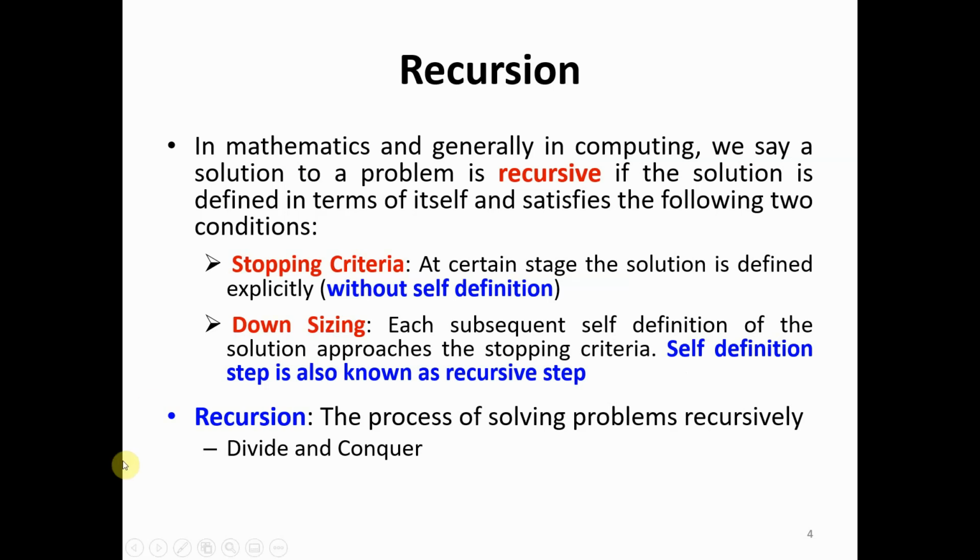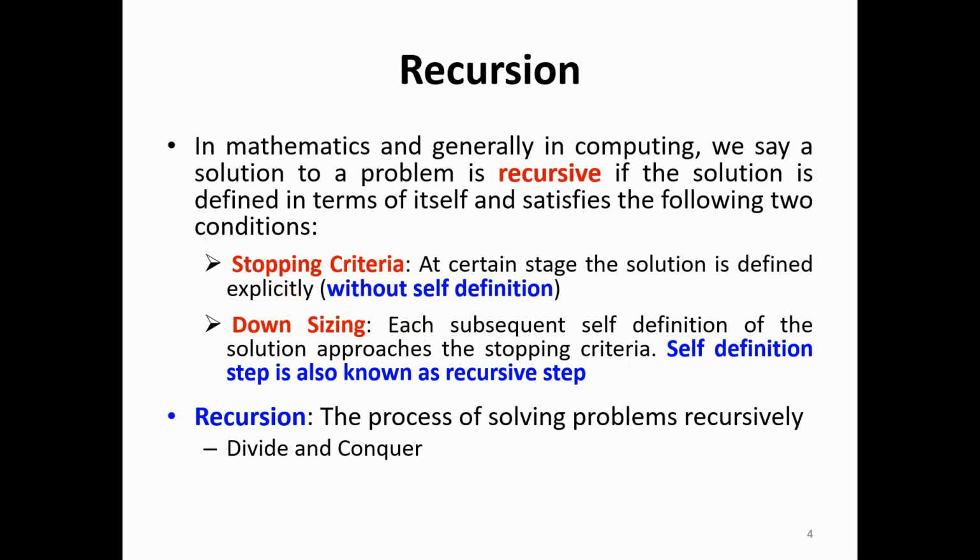Let me first go with the downsizing. Each subsequent self-definition of the solution approaches the stopping criteria. So we try to downscale the problem at each stage until we get to a point that we call a stopping criteria. At that stage, the solution is defined explicitly.